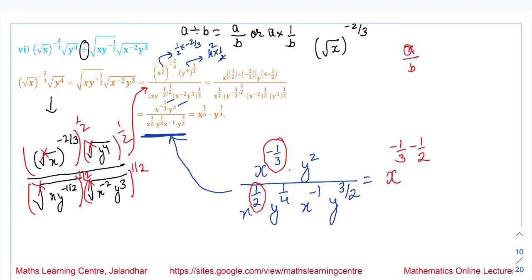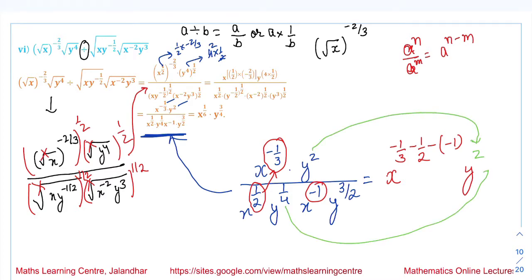For a over b, we are saying a raised to the power n over a raised to the power m is a raised to the power n minus m. So it is minus 1 by 3 from the denominator. When the power comes up, it is minus 1 by 2. It is a minus sign over here, so it is minus of minus 1. Similarly for the powers of y we are having 2.